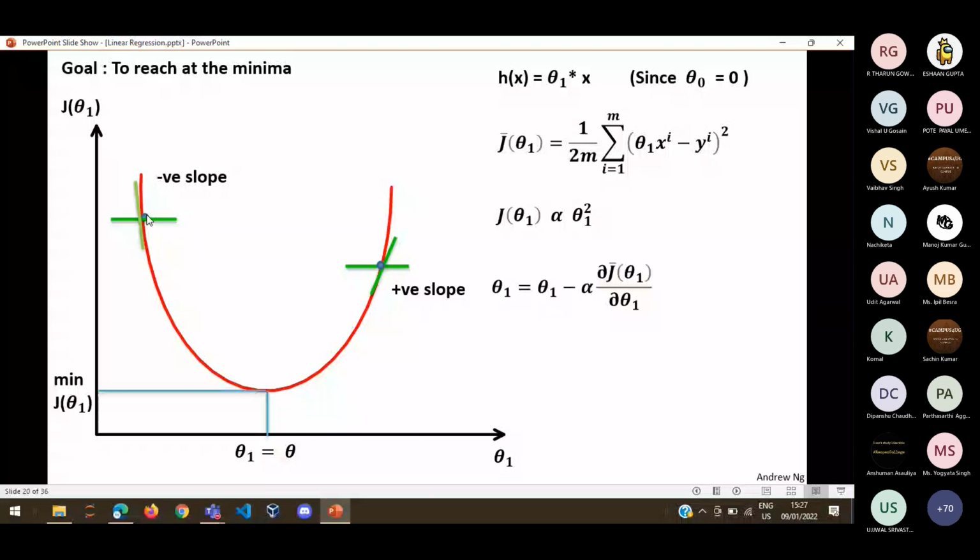I have a doubt. Oh, yes. J is proportional to theta 1 square. So as theta 1 keeps on increasing, J should also keep on increasing. So why is it like a parabola? You know the y equals x square curve? Yes. Then it is simple for you. It is the same curve. At any point, if the slope is negative, then you're going to move forward.